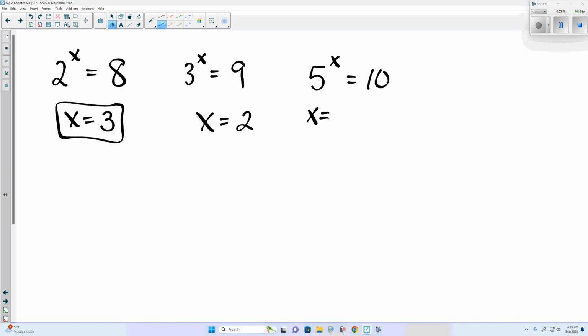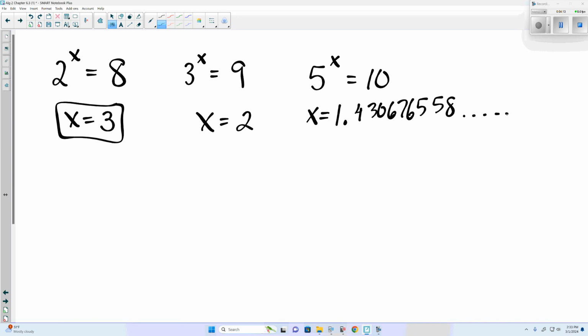We will go through this eventually, but it turns out it is this irrational number, 1.430676558, and it continues on. That is the value for x, what value of 5 we would need to get it to equal 10.